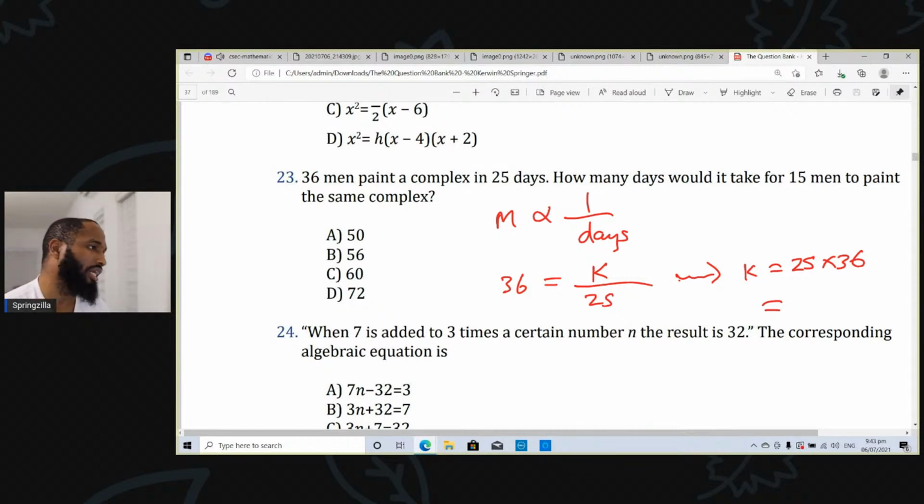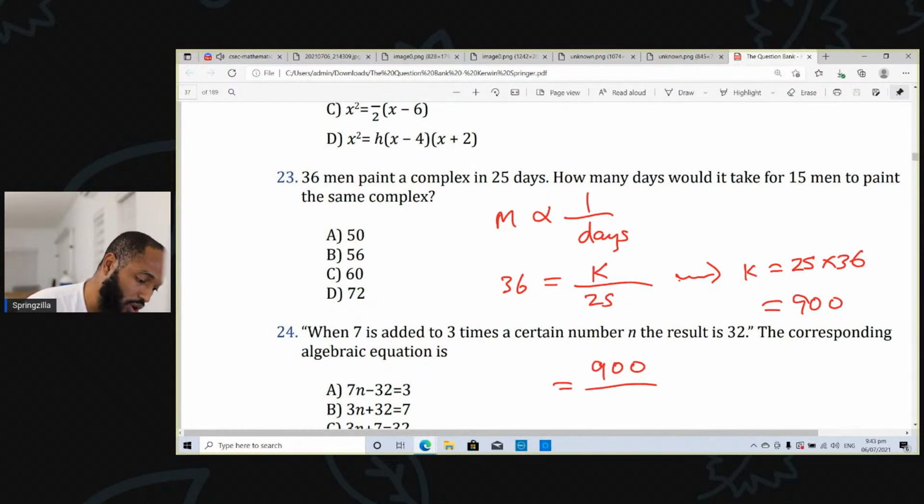Or another way you can look at it is since more men mean less days, it would be an inverse relationship. 36 men, yeah, so it's inversely proportional. So M is proportional to 1 over the number of days, K. So you find the constant.